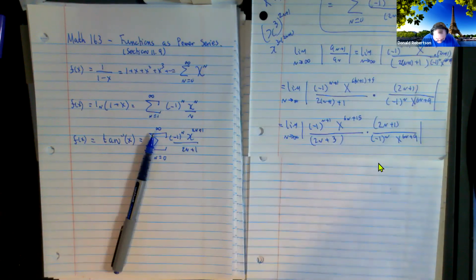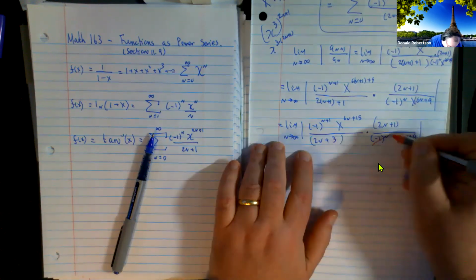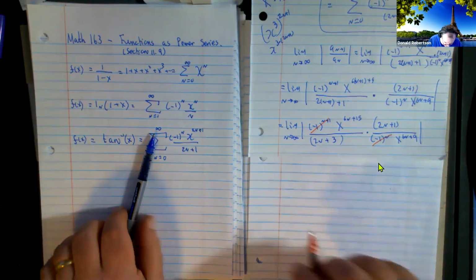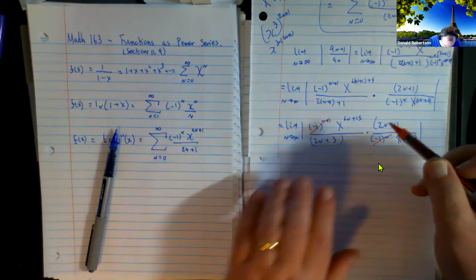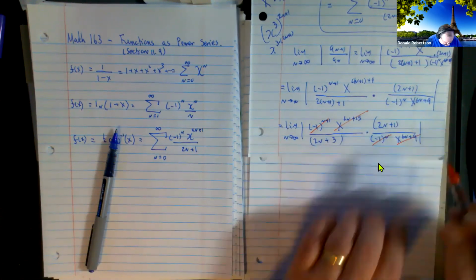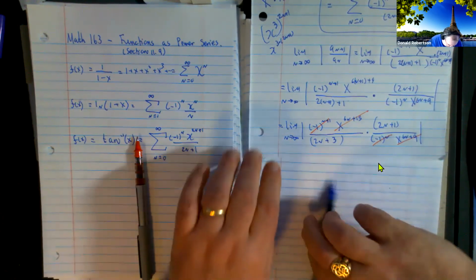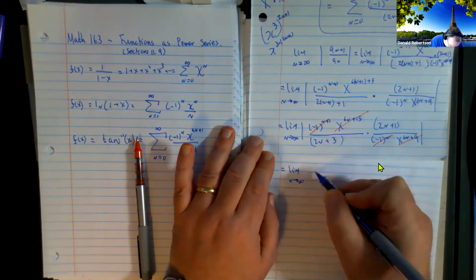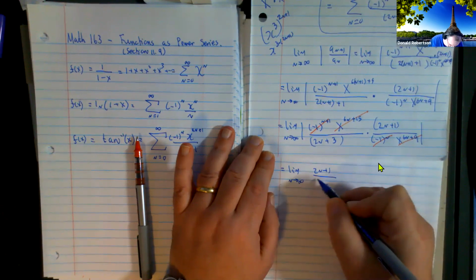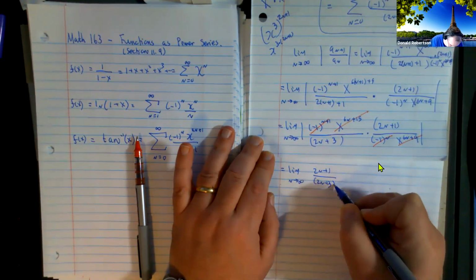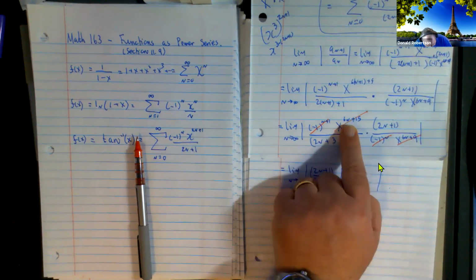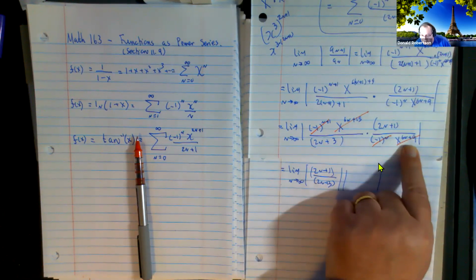Okay, let's see what we can cancel out. Just cancel out all the minus ones. It doesn't matter if some's left over. If you cancel this fella with this fella, it's not just x that's left over. It's a power of x that's left over. 6n plus 15, 6n plus 9.